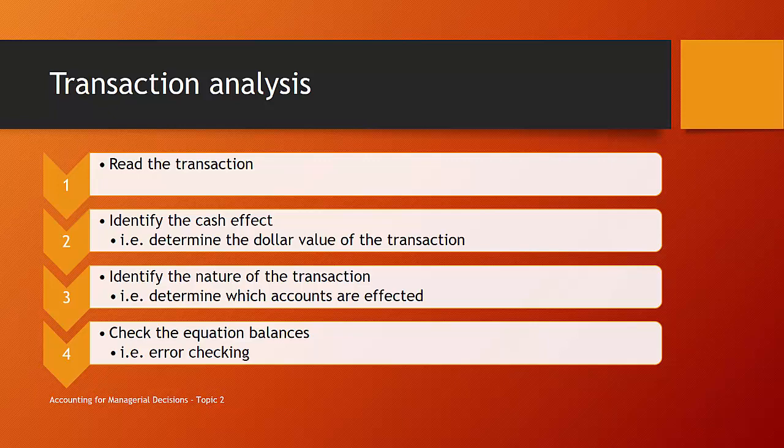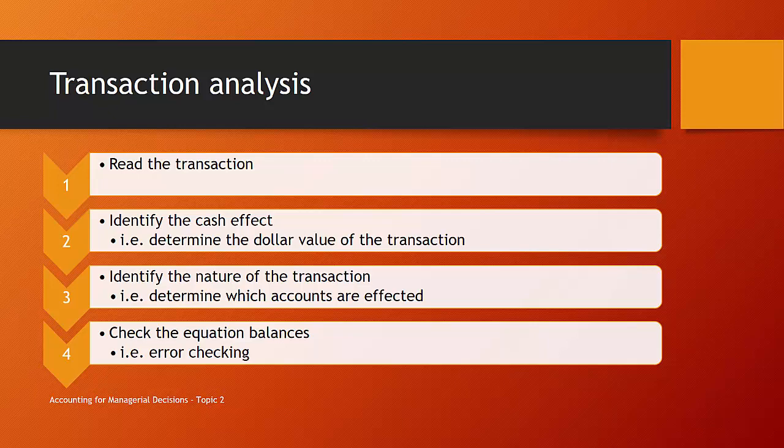Even just layering in things like depreciation on a non-current asset, to actually come up with the dollar amount that is depreciated each period is not necessarily a straightforward decision. So the cash effect is something to be mindful of.